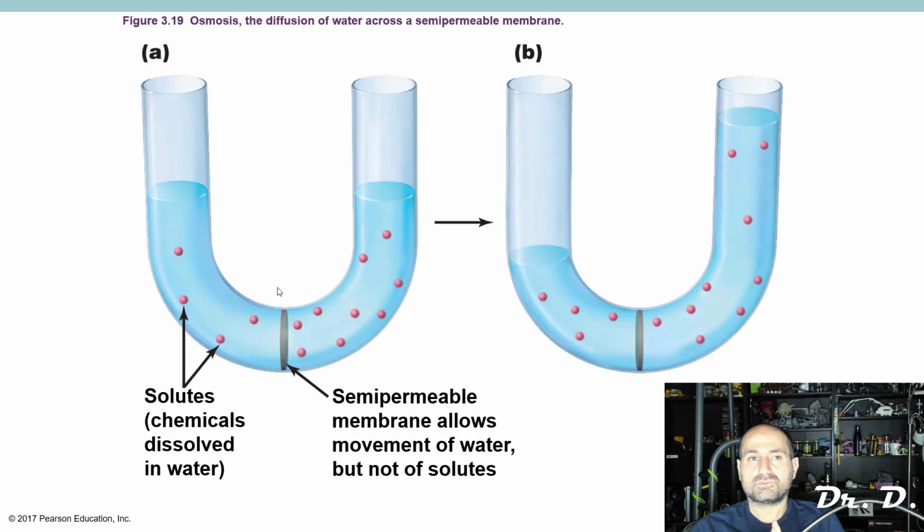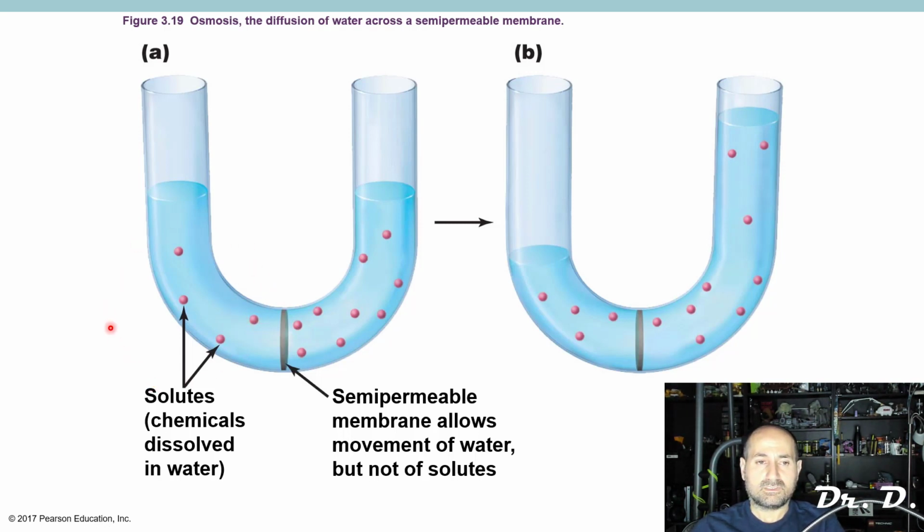Remember, what's osmosis mean? Think about it. Osmosis is the diffusion of water across a membrane, right? Water is what's moving. So take a look at this. Where would you say the water concentration is higher?